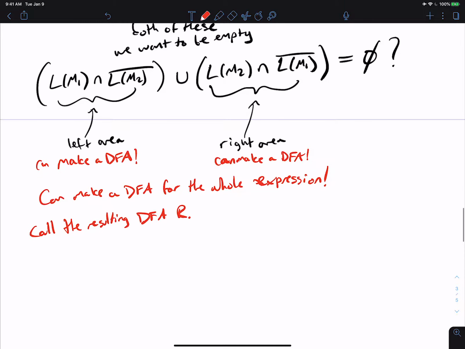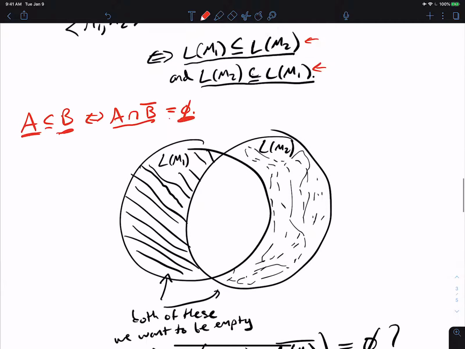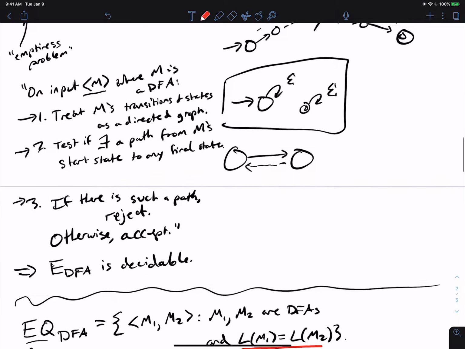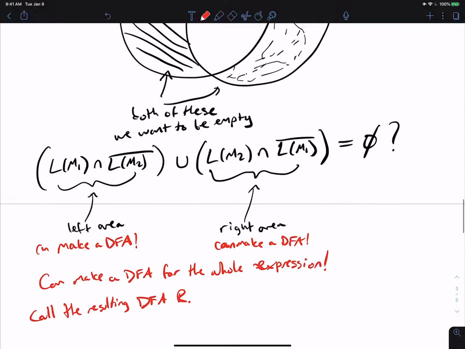Okay, so then what we want to test is whether or not this resulting DFA has empty language. Well, thankfully enough, we've done the work already to check whether a DFA has empty language.